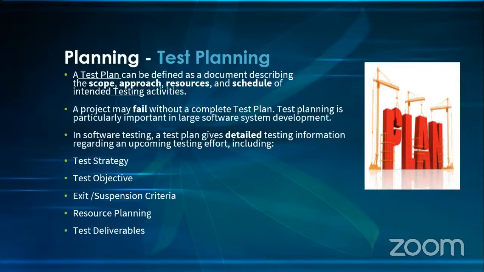This is what and what, so we can put those estimations into the test plan. A project may fail without a complete test plan. I agree with that, because the test plan is meant to be reviewed by everyone, letting them bring their comments in. The way it's done is that when test plans are written and designed, you send them out to the wider team, everyone that is involved. Let them read: this is what we are going to do.